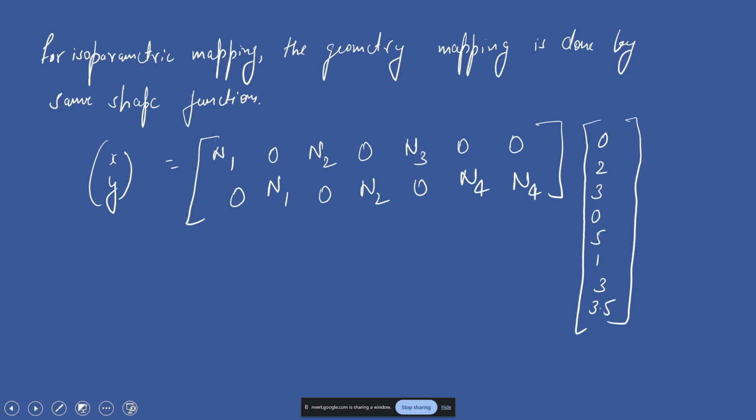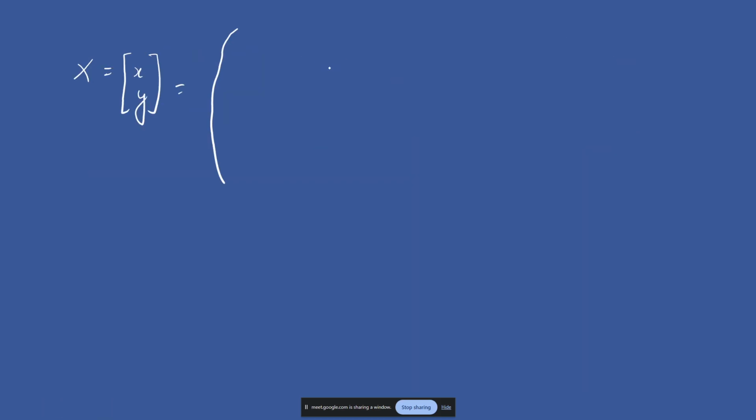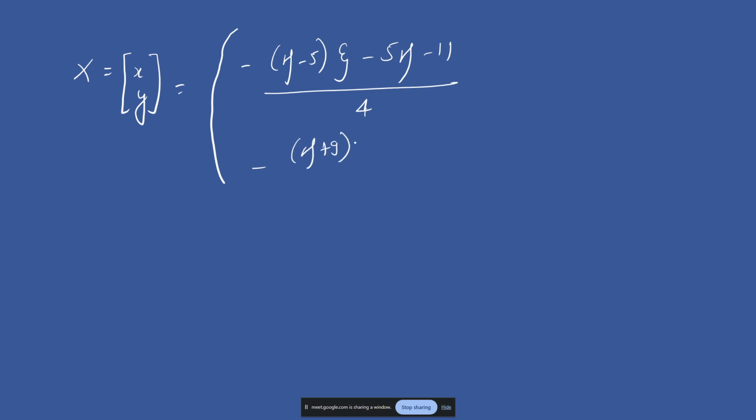So in terms of eta and xi, these will be the values: minus eta minus 5 into xi minus 5 eta minus 11 by 4, minus eta plus 9 xi minus 5 eta minus 30 by 8.